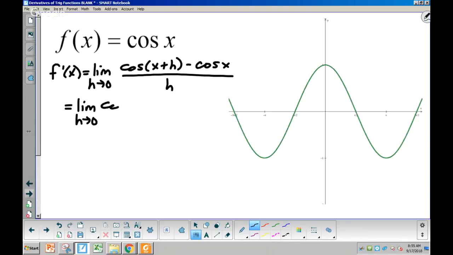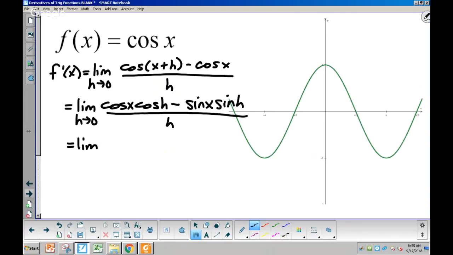So this is cosine x, cosine h, minus sine x, sine h, all over h. Everybody agree? Minus cosine x, you forgot to write. Thank you very much. You're absolutely right. So what am I going to do?